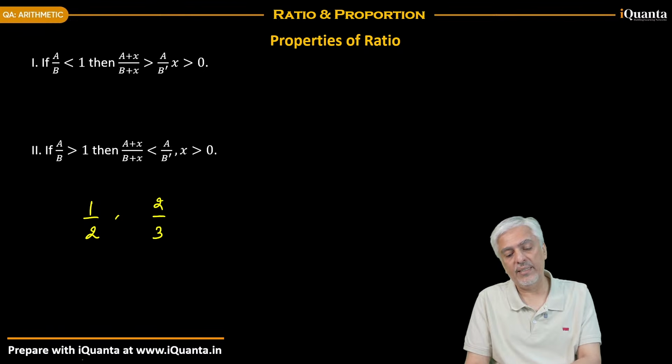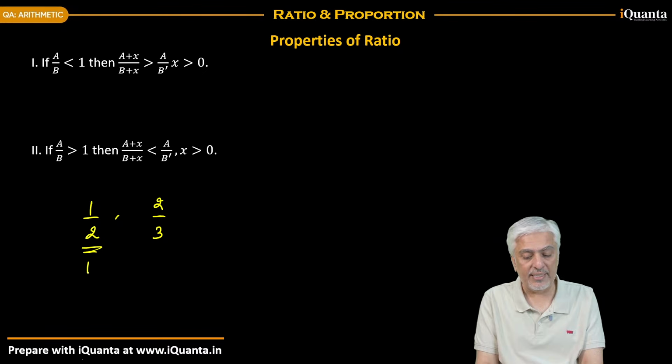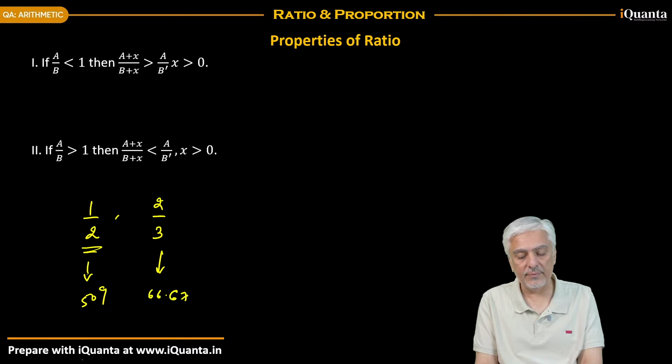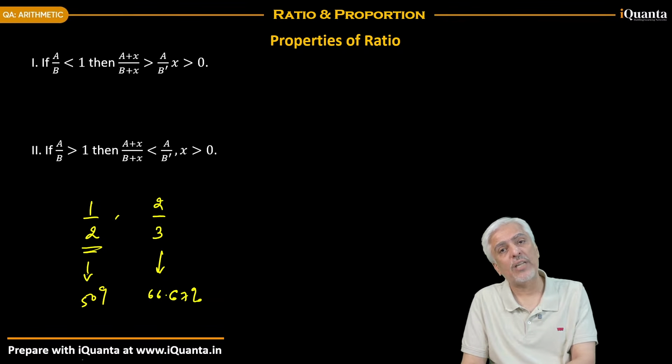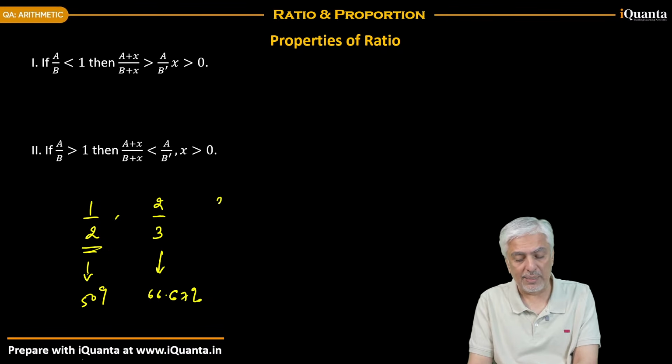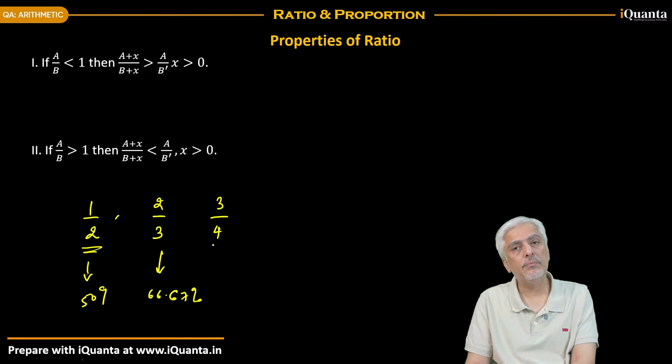Now, which is bigger? Is half bigger or 2 upon 3 bigger? Half is 50% and this is 66.66%. So this is bigger. Will it work every time? Suppose I add 1 one more time, it will become 3 upon 4, which means it will become 75%.